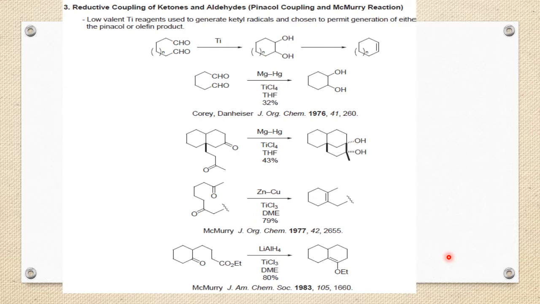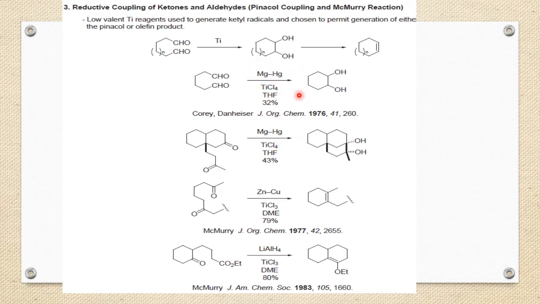Next comes the pinacol coupling and McMurry reaction, which we have already discussed earlier, wherein you have titanium reagents creating ketyl radicals, and they permit the generation of pinacol. We actually talked about McMurry coupling, we had gone through this.